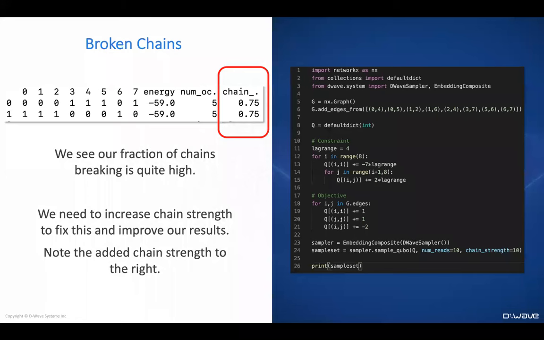And so what I have to do is do an embedding trick, which is that I make chains. I make, say, the logical variable 1 in that line 6 maybe gets represented by 2 or 3 physical qubits. And what this is telling me is that I didn't really get it quite right because I've got chain breaks.